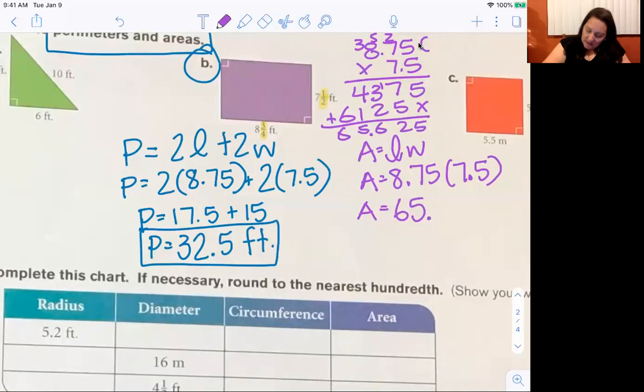Okay, area equals, and if you don't have it yet, press pause. 65.625, or 65 5/8. Okay, 65.625 square feet for the area.